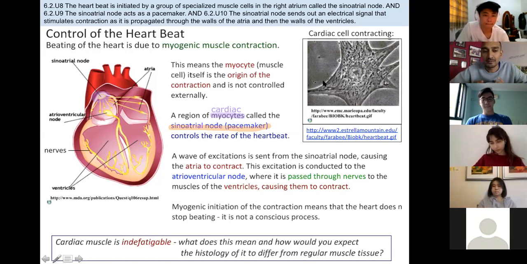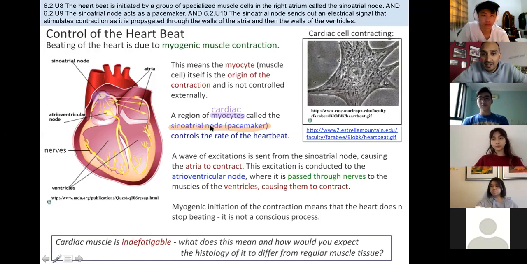That's not important at this level. The most important thing is it can twitch by itself. That's its unique characteristic. It doesn't need anything to tell it to do that. So a bunch of these cells, all grouped as one, can do this twitching.